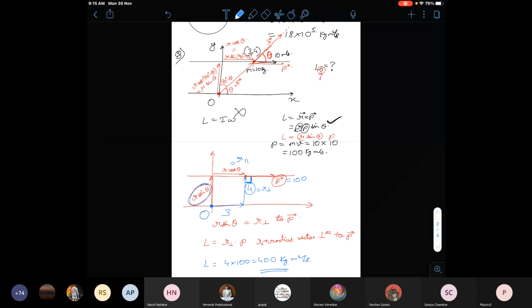We are only interested in R perpendicular, because R perpendicular is represented as R sine theta, and as per the basic formula, R sine theta is used, not R cos theta. That is why we are using R perpendicular. Is it clear? Any doubts, anybody?